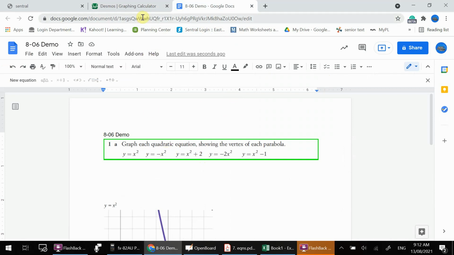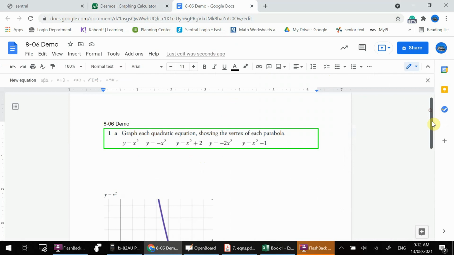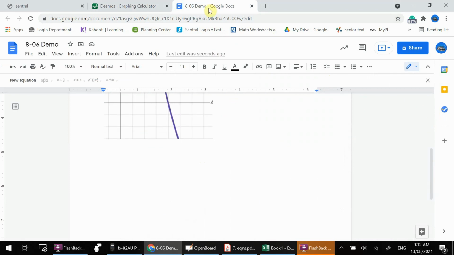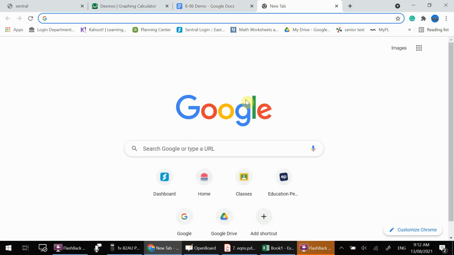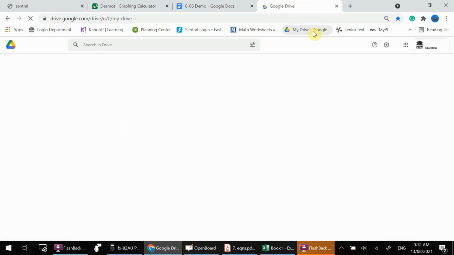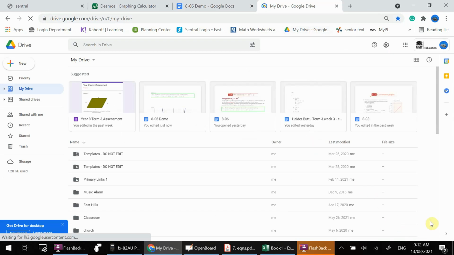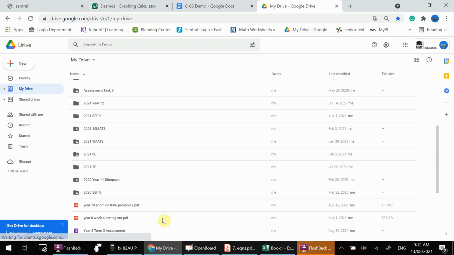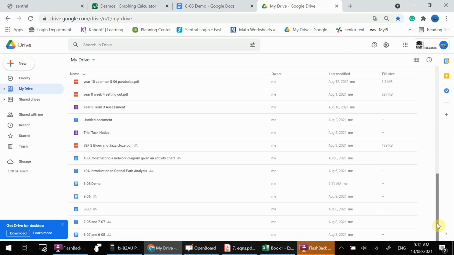Requiring graphing. Okay. Now, did I have, okay, it's in the other one. I'll just see if I can find the original one I used to put on your Google Classroom.